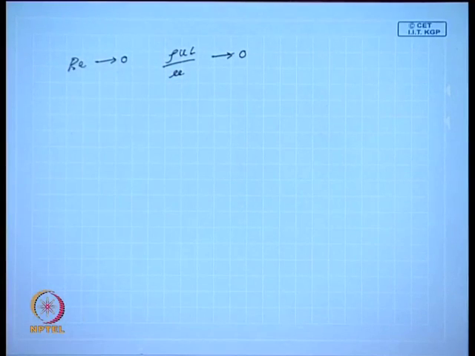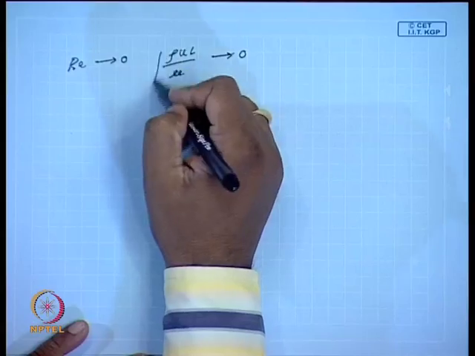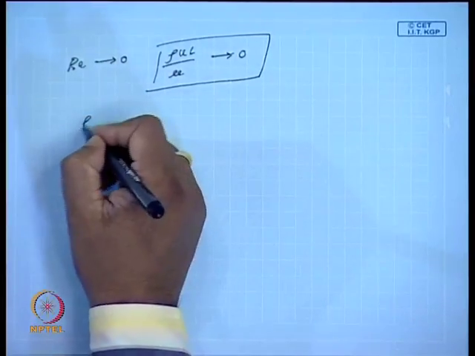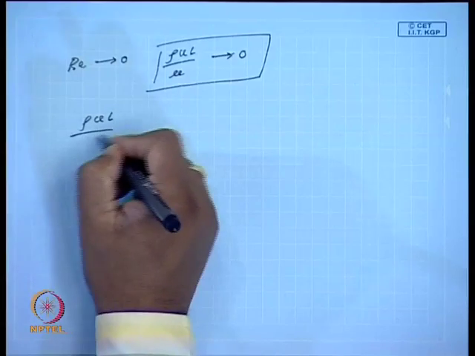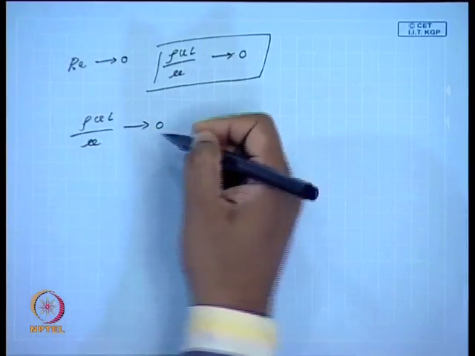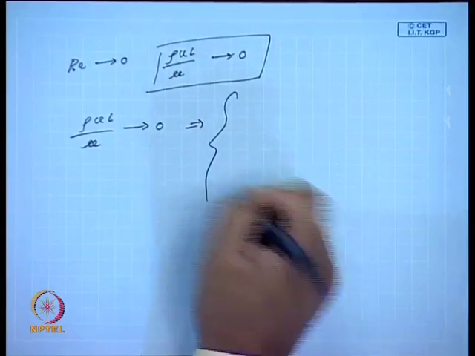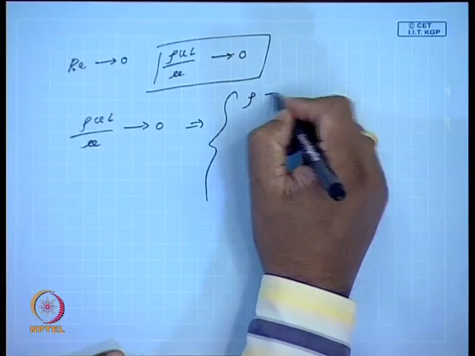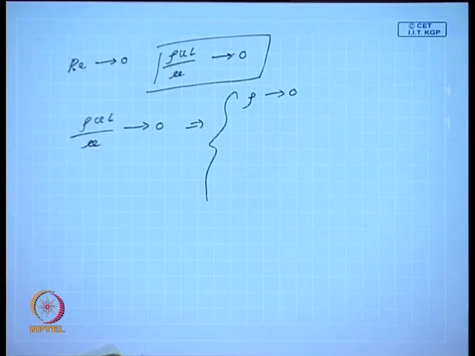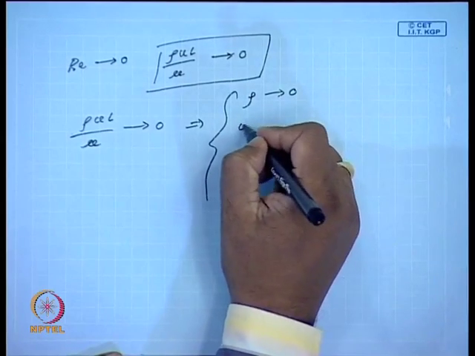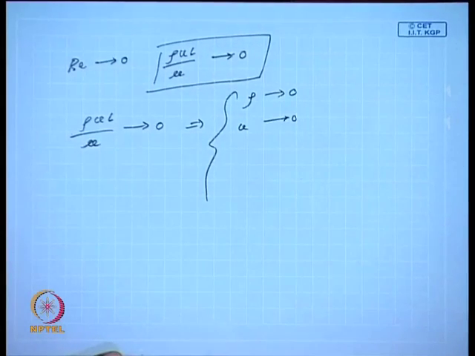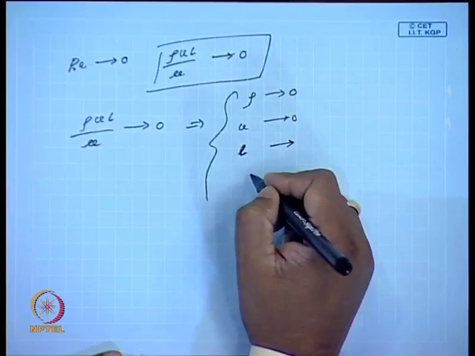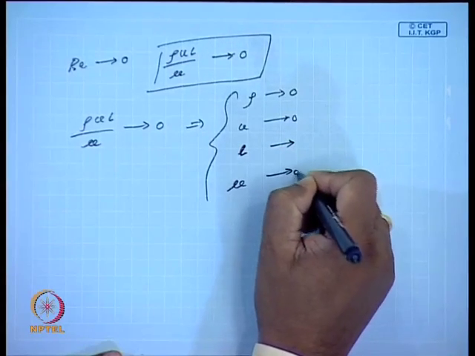There are 4 possibilities. Either the mass, rho, is tending to 0, or u tends to 0, or L is tending to 0, or mu tends to infinity.